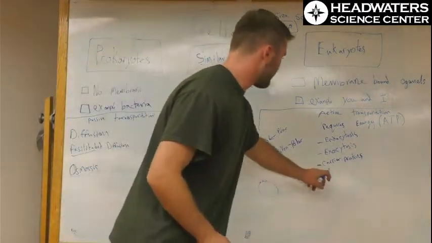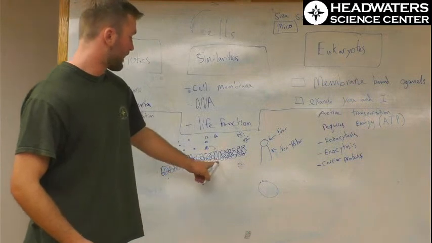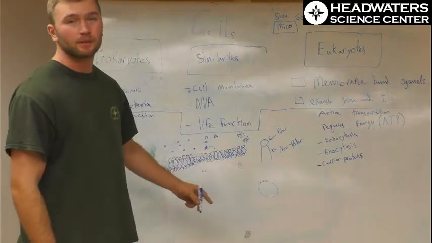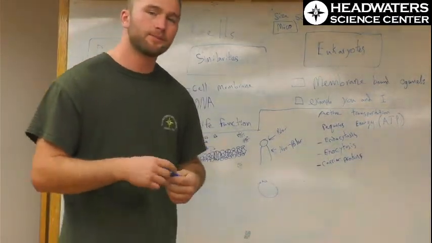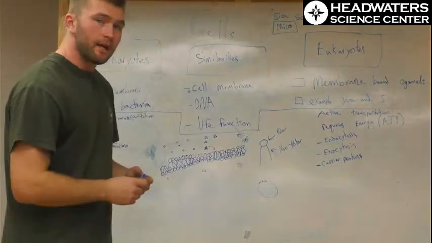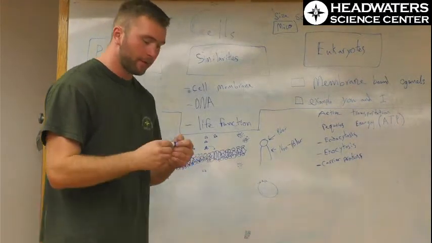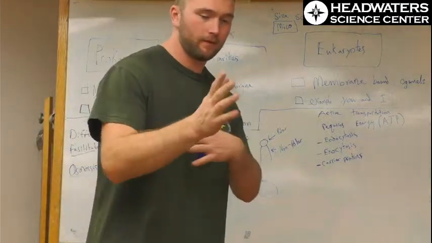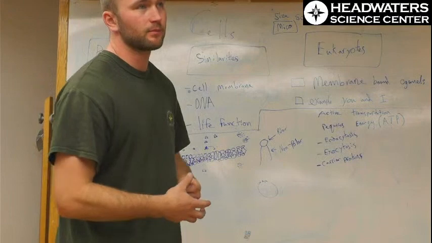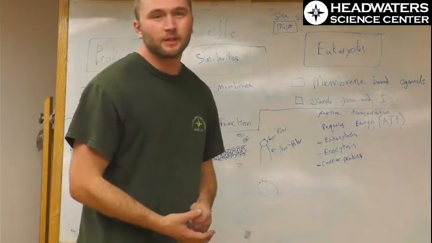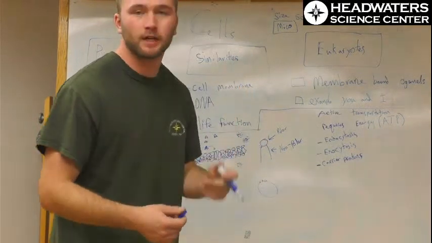And then we just have carrier proteins. Carrier proteins work and look similar to this example. They're proteins embedded within the cell membrane, and they work to open and distribute molecules in the proper direction, which typically is against the concentration gradient.